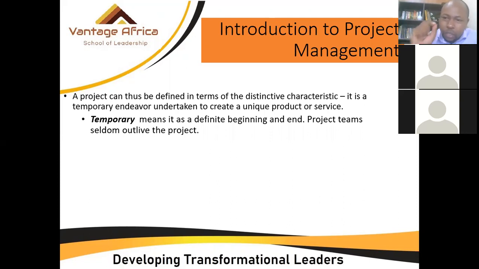So when you will be choosing a project, I will be requiring you to tell me exactly when it is starting and exactly when it is ending. Same case with, for example, those who are doing resource mobilization. Okay, you will need to develop a resource mobilization action plan for your project.